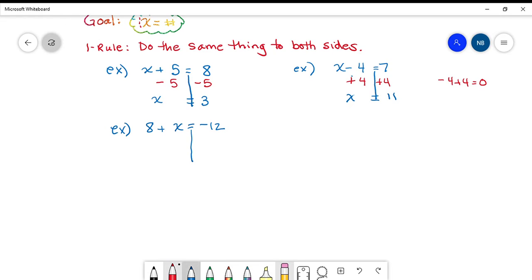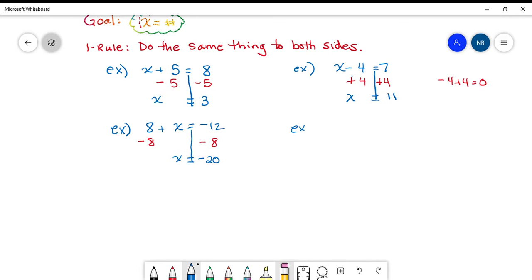What I want is for x to be by itself, which means that 8 is the problem. So I'm going to subtract 8 because 8 minus 8 makes 0. As long as I do the same thing to the right side, then I haven't done anything wrong, and the number I get, negative 20, is the solution of the original equation.